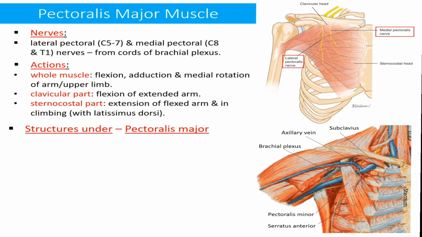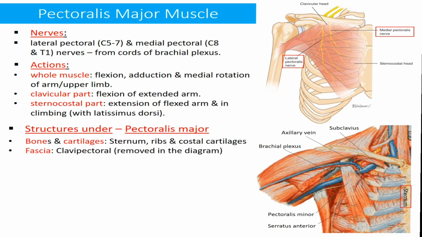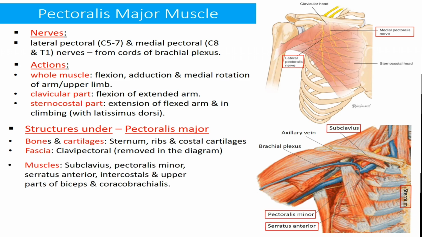As this muscle covers a large area, there are so many structures which are present underneath this muscle. These structures are: number one, bones and cartilages: sternum, ribs and cartilages.